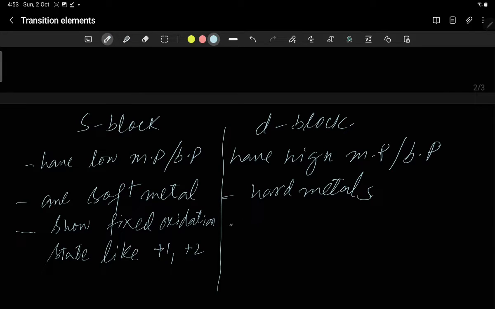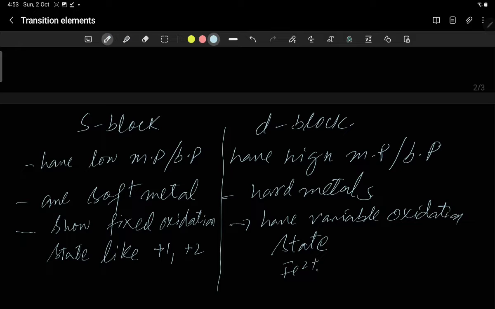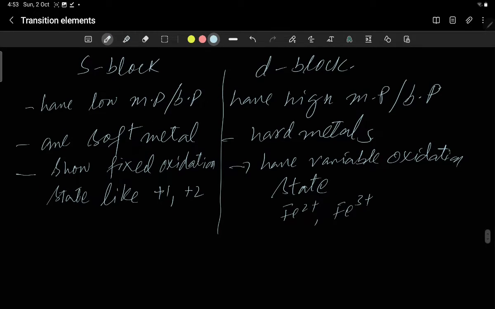But transition elements have variable oxidation state, which means more than one charge. For example, a common example is iron 2 positive and iron 3 positive. Similarly, chromium 3 positive, chromium 6 positive, etc.